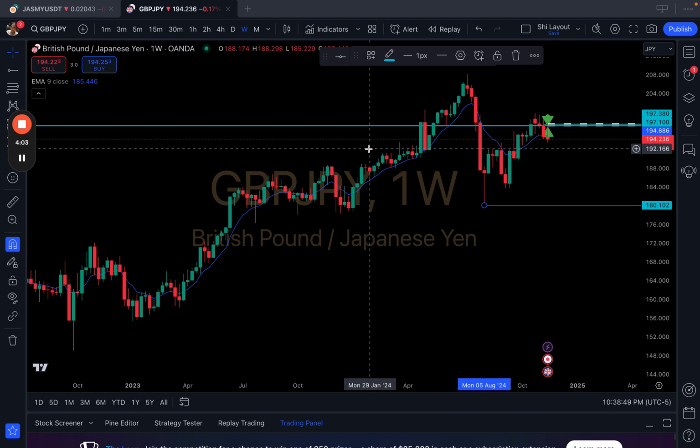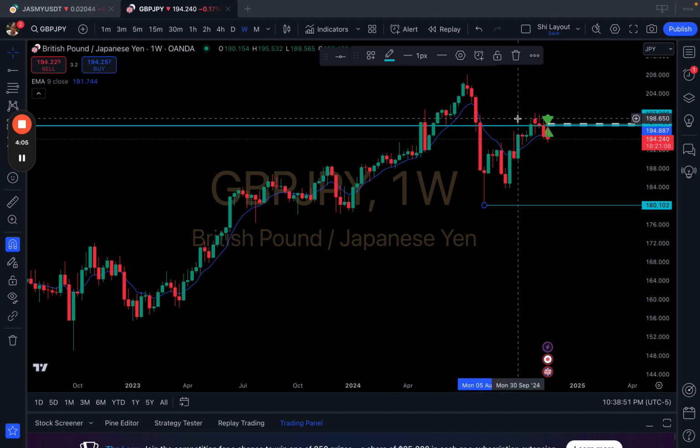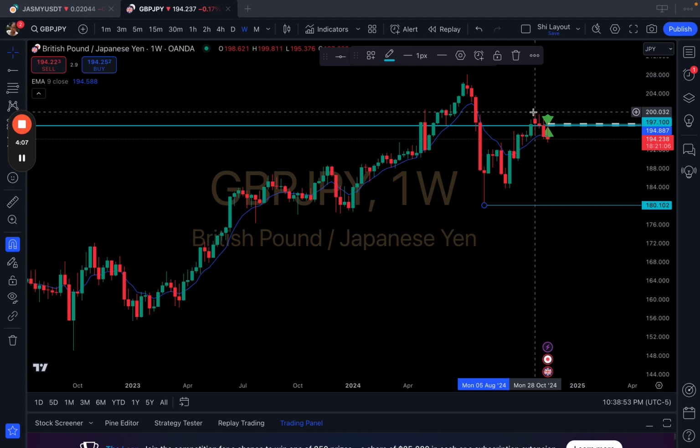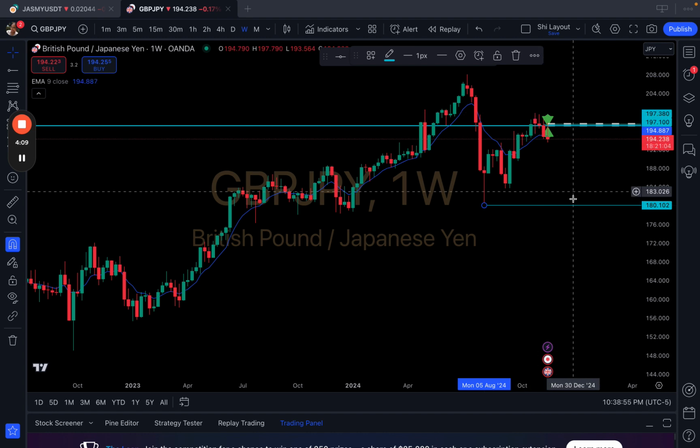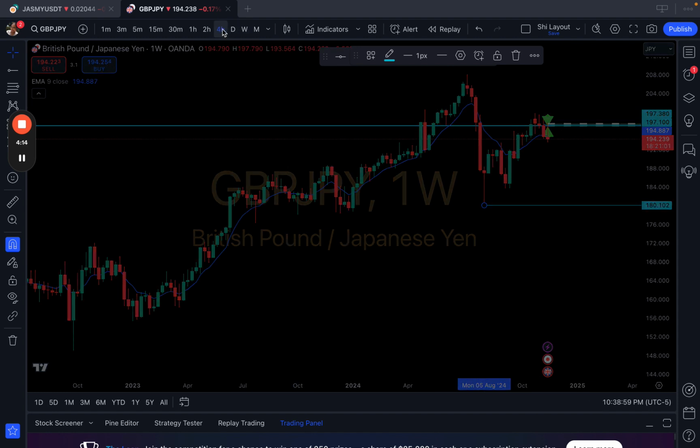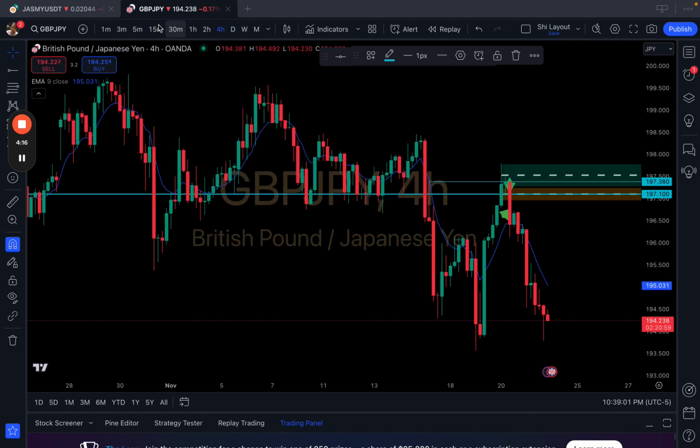It may take weeks to get there, but if you're one of those swing traders who trades on the weekly, then you can take this down to this TP. Then from there, I drop down to my 4-hour, and my 4-hour tells me what my 15-minute chart is doing, and if I want to scalp from my 15-minute to my 1-minute.